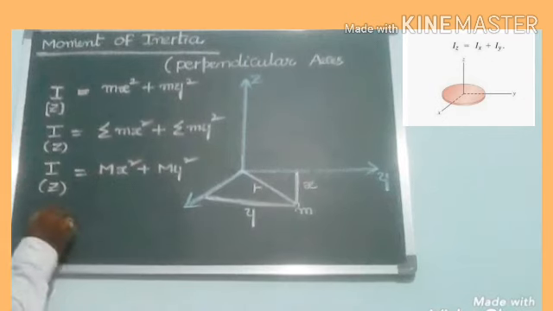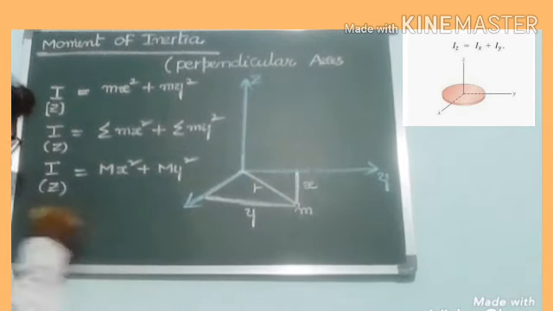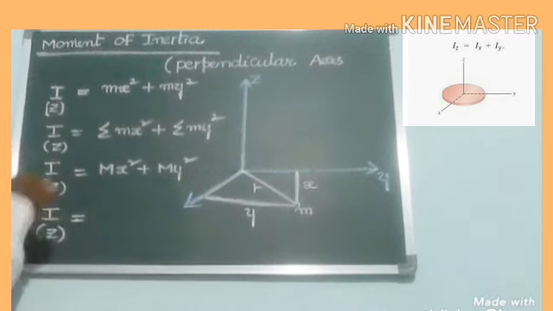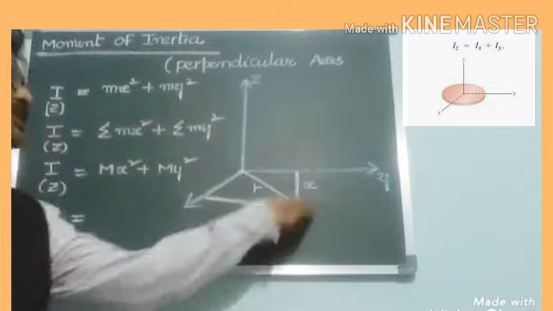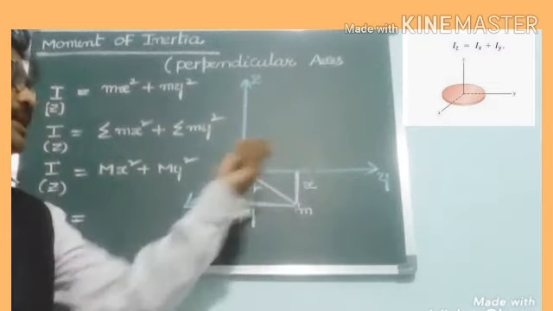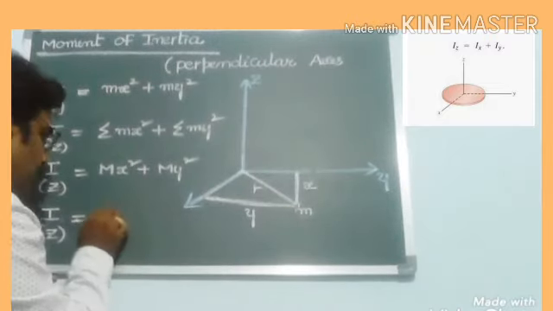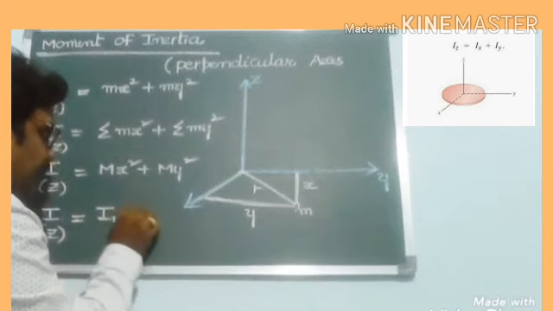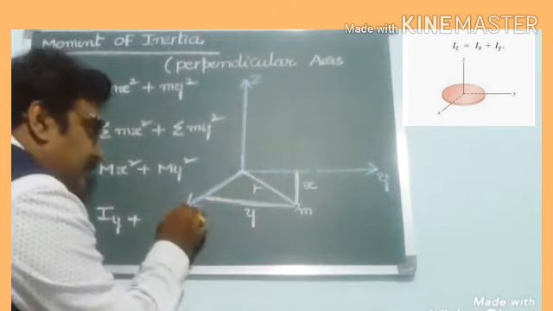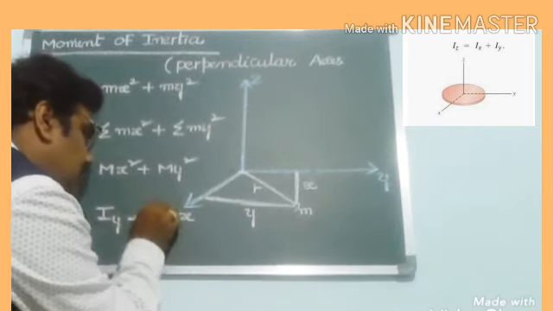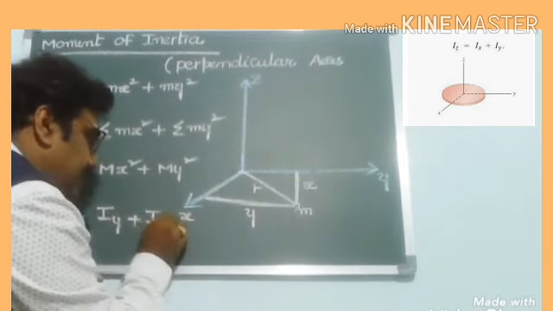Now, the continuation, moment of inertia with respect to z-axis. In mx square, x means perpendicular distance to the y-axis, so it is moment of inertia about the y-axis, plus y is perpendicular distance to the x-axis, so it is also moment of inertia about the x-axis.